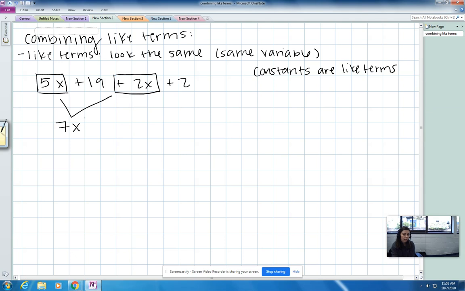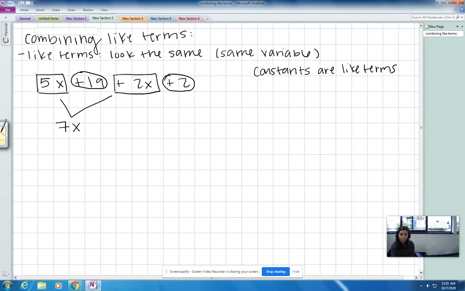Now I look for anything else that are like terms. Well, constants are like terms, and I have 2 constants there, 2 things without variables. So I'm going to put a circle around both of those. Again, I include that operation. So I have 19. In this case, the operation doesn't really matter. It's just saying I have 19, positive 19. Actually, I'm so sorry.